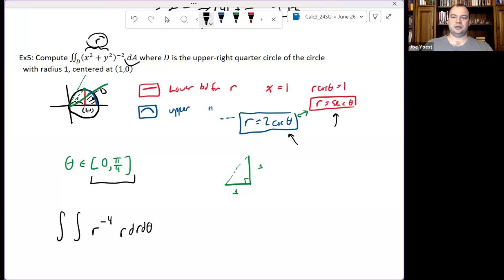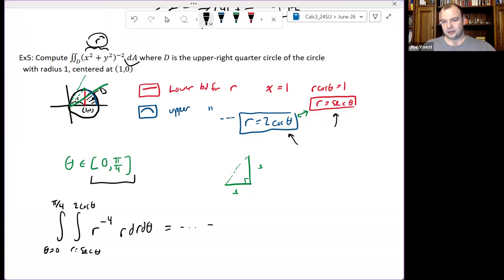So I've got to do the r integral on the inside and then the theta on the outside. The lower bound is secant theta, and the upper bound is 2 cos theta. And then theta goes from 0 to pi over 4.